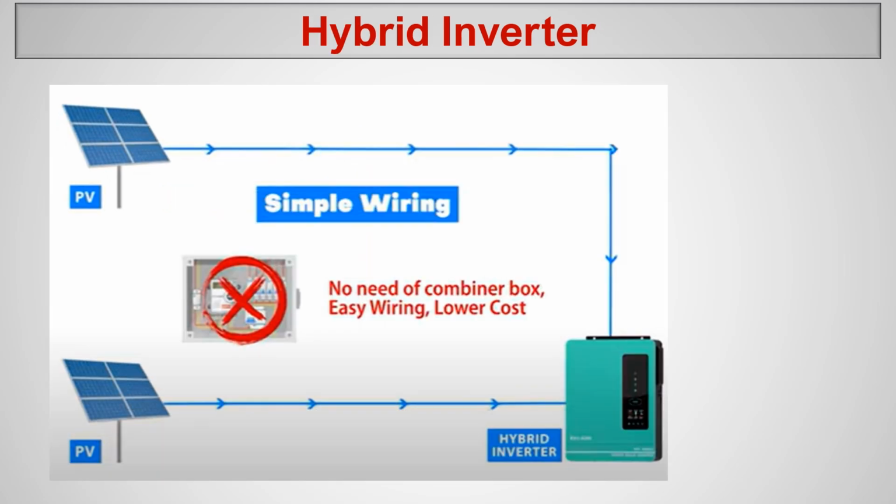But look at the hybrid inverter. Two panels are supplying, but we don't need anything else. We can directly connect to the hybrid inverter because it is a smart device with an inbuilt charge controller and combiner box or junction box. Everything is together in this device, so you don't need to worry about any other sub appliances.